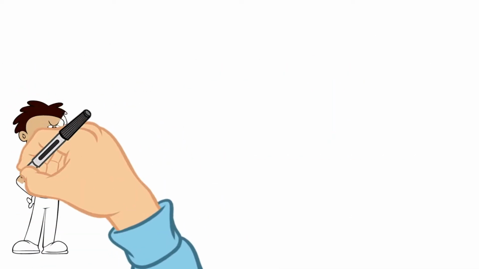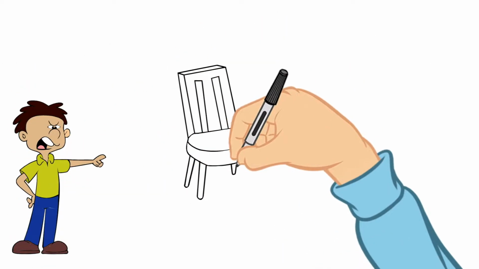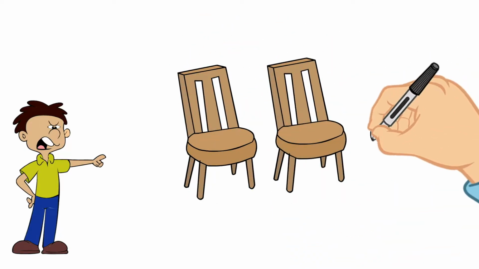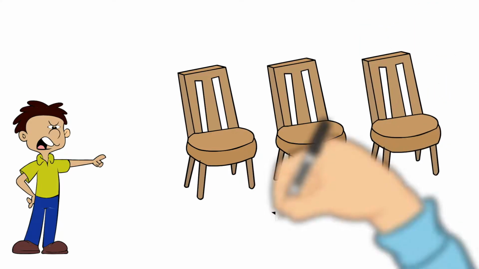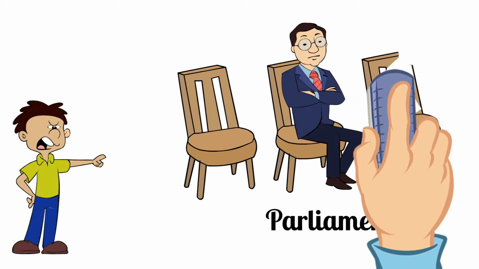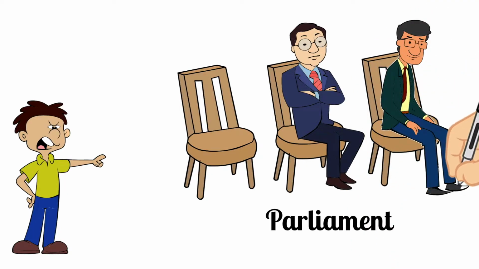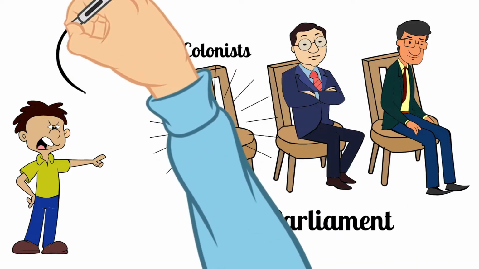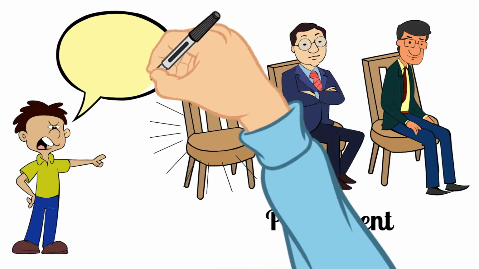This enraged the colonists because they felt that these taxes were unfair because they did not have any representation in Parliament. Essentially, there was not a colonist present in Parliament to defend their interest. Hence the term that is widely known as no taxation without representation.